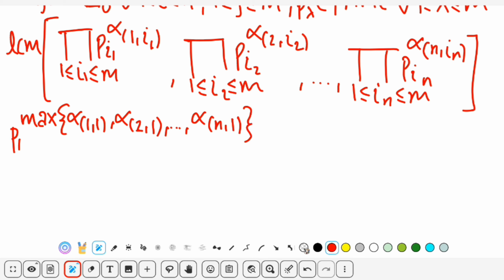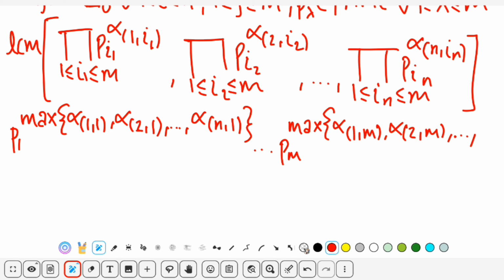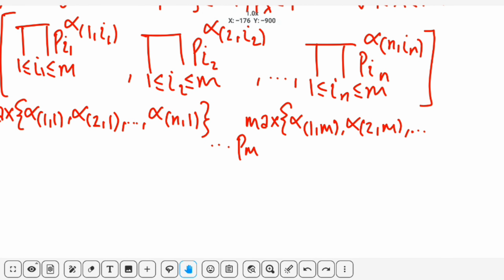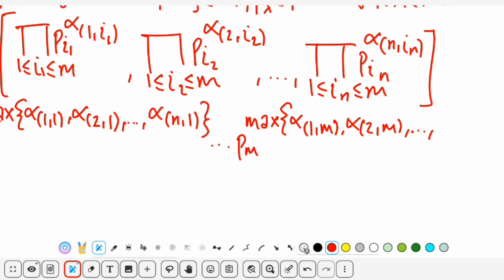Then we'll write for p2, then p3, and so on up to pm raised to the power the maximum of alpha 1,m, alpha 2,m, up to alpha n,m.